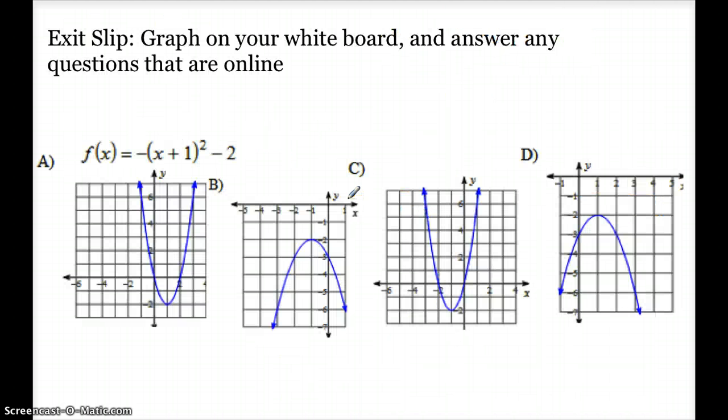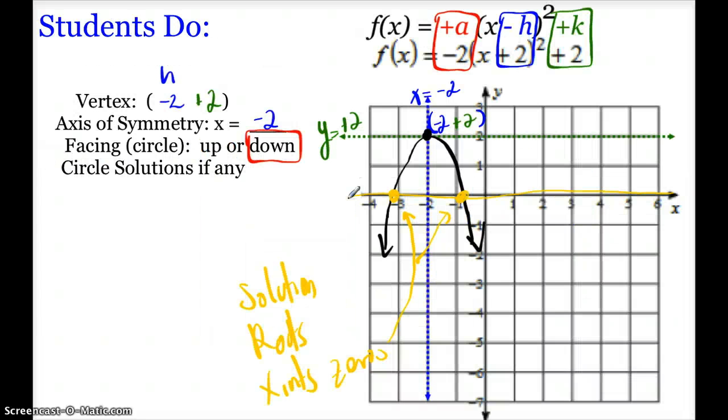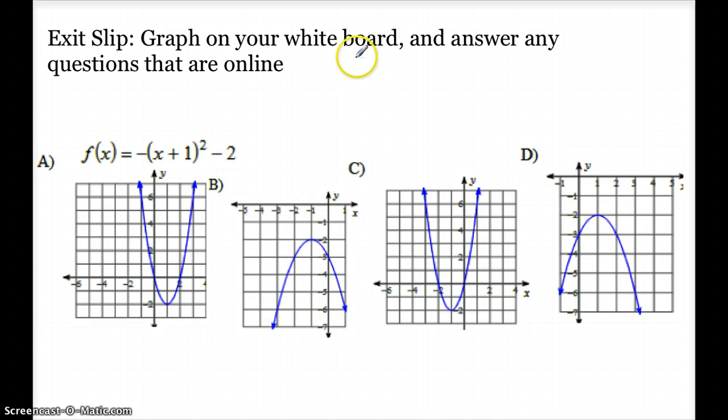Okay, so instructions, exit slip. Show your work on your whiteboard, please. Just like we did here, find the vertex, find the axis of symmetry, tell me if it's facing up or down, and any solutions. Show the work, show me that you graphed it first before selecting an answer. Let me write this out because some of you don't really understand.